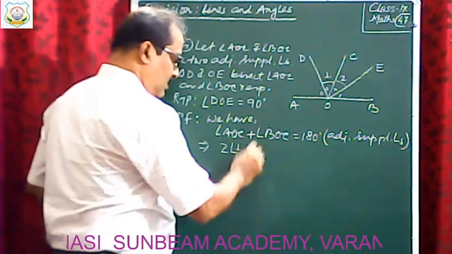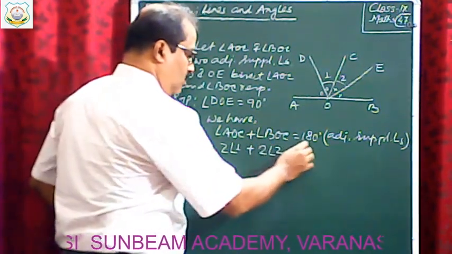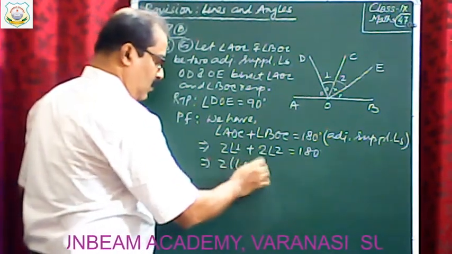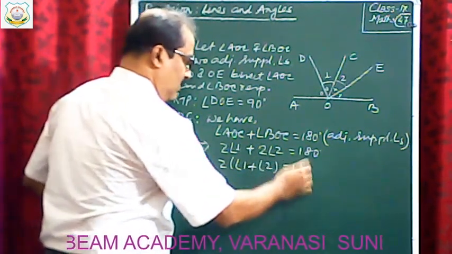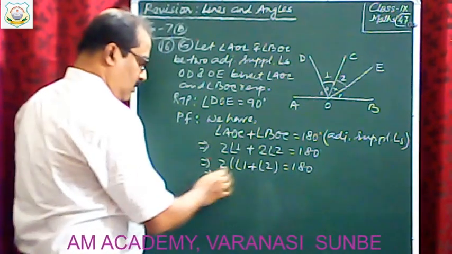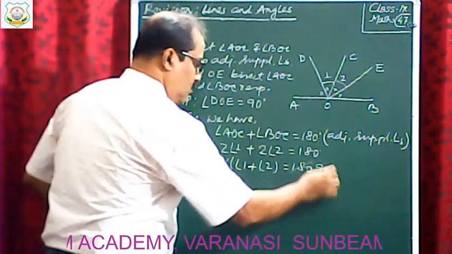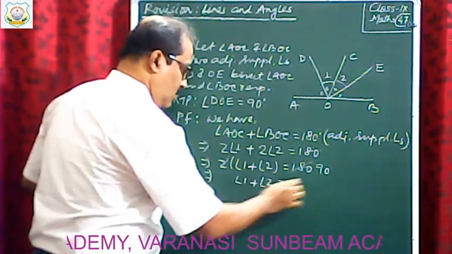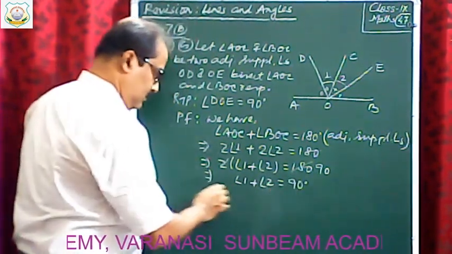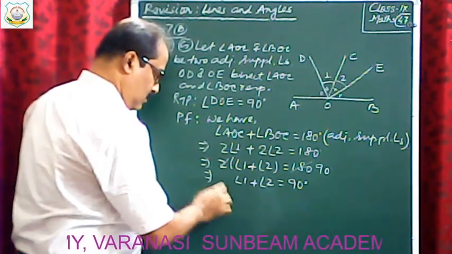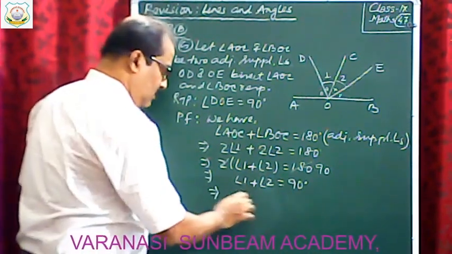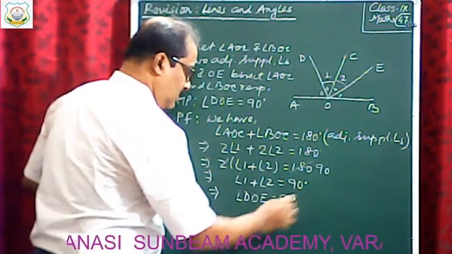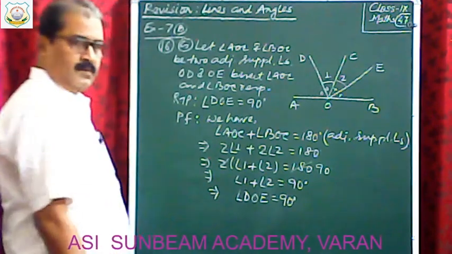Similarly, BOC equal to 2 angle 2. So 2 angle 1 plus 2 angle 2 equal to 180 degree. Take out 2 common and reduce, so angle 1 plus angle 2 equal to 90 degree. Angle 1 plus angle 2 means angle DOE equal to 90 degree.